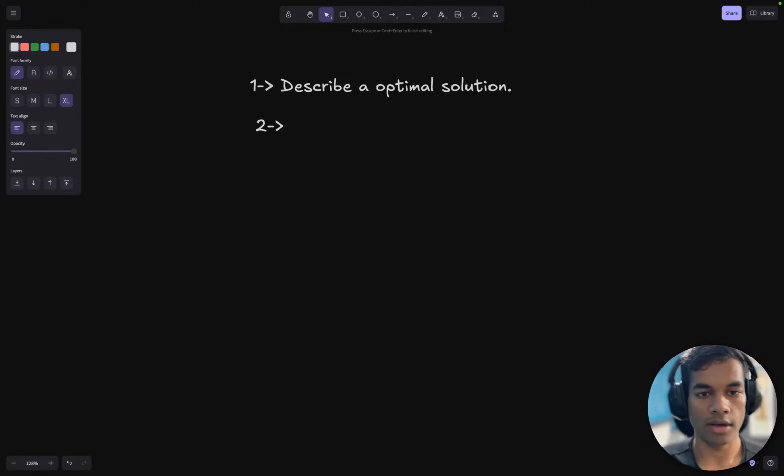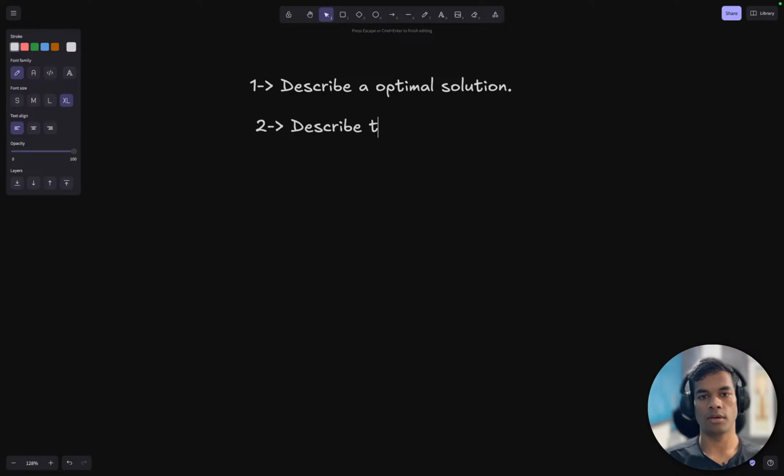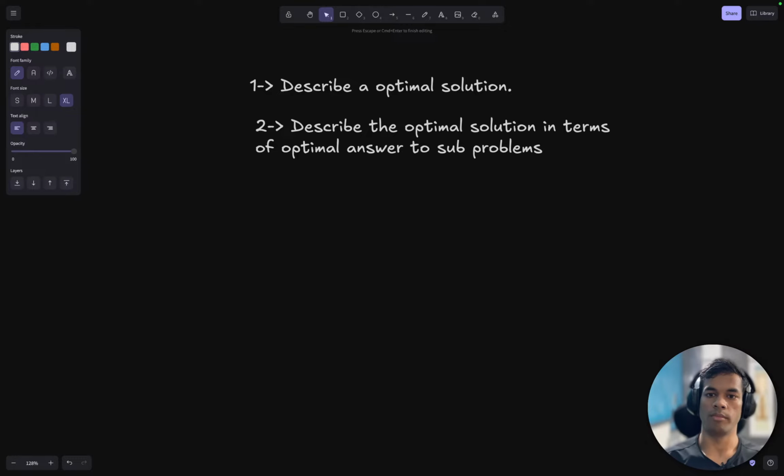So that is why I'm facing a bit of difficulty here. And then the second would be to describe the optimal solution in terms of optimal answers to subproblems.